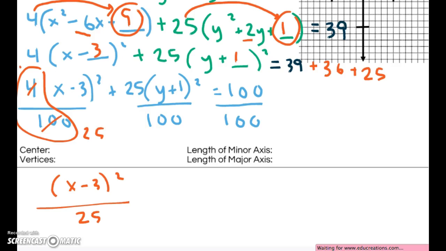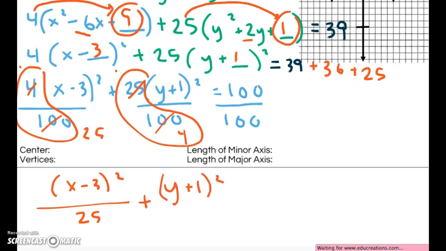And if I look at the next number, I need to reduce 25 over 100. 25 goes into 25 one time, it goes into 100 4 times. I end up with (y plus 1) squared all over 4 equals 100 divided by 100 is 1. And that is the standard form of my ellipse.